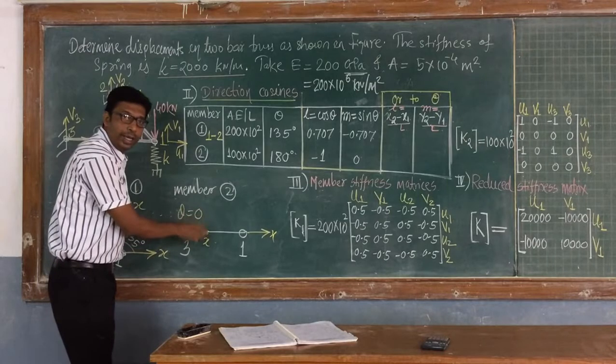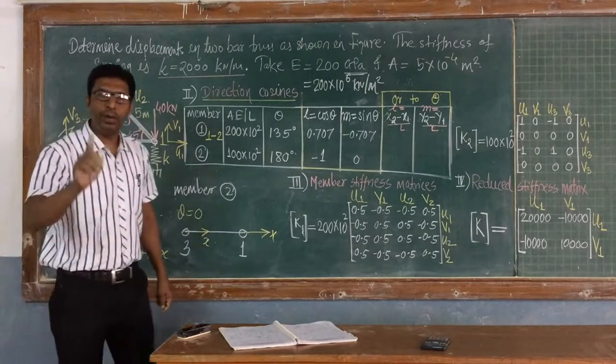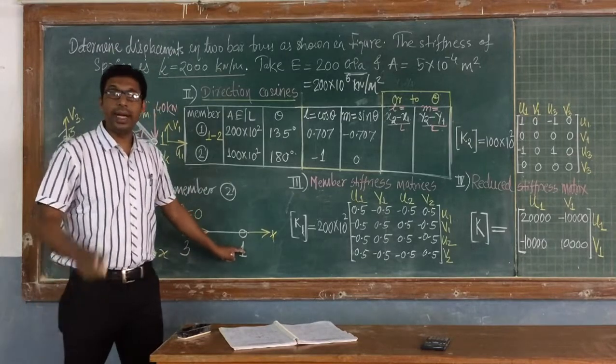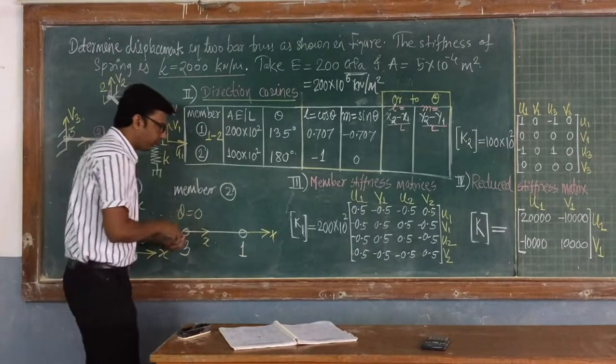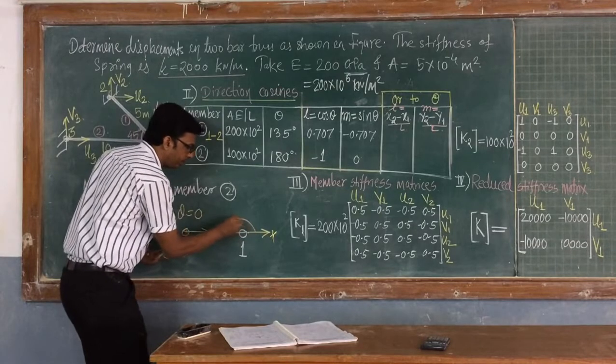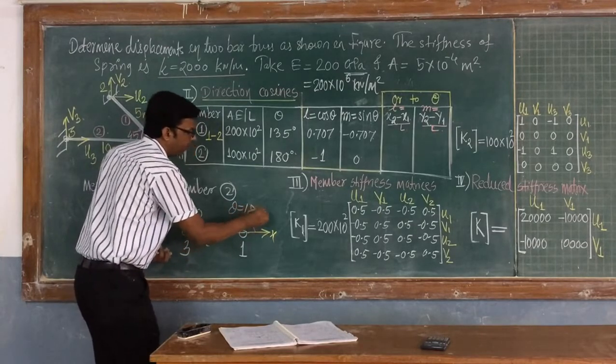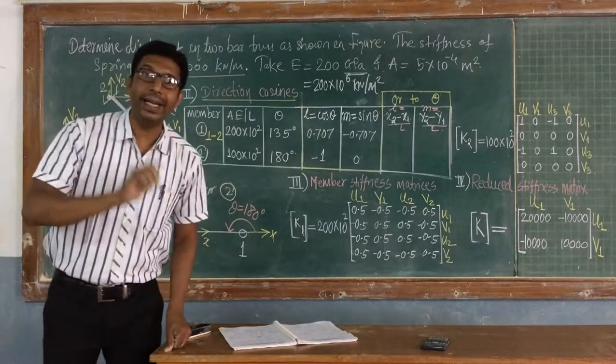And if you take node number 1 as the first node, then theta is equal to 180 degree.